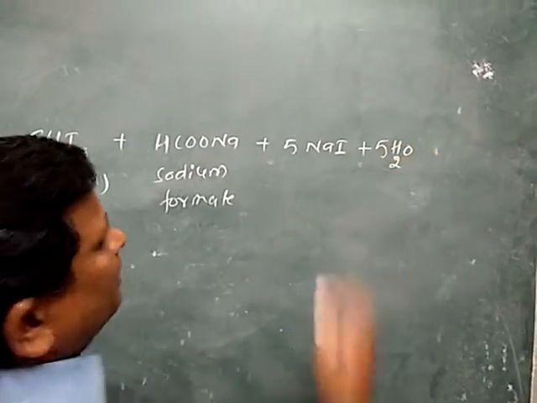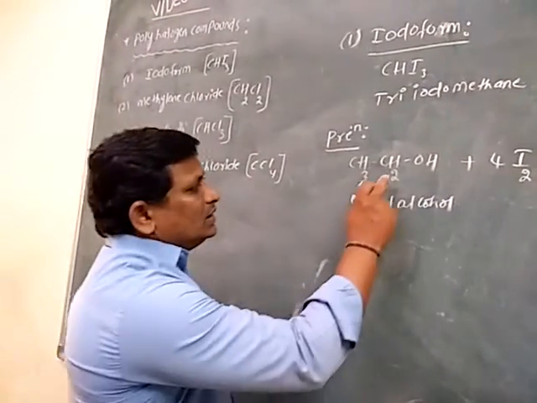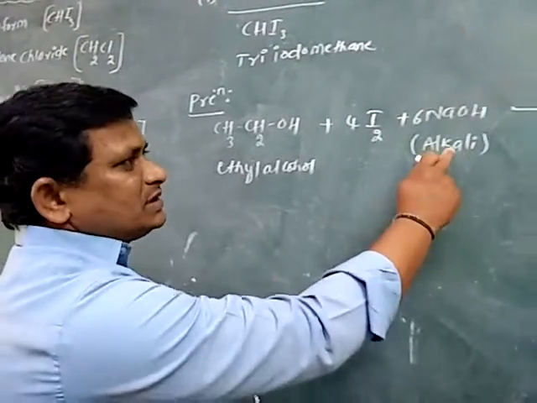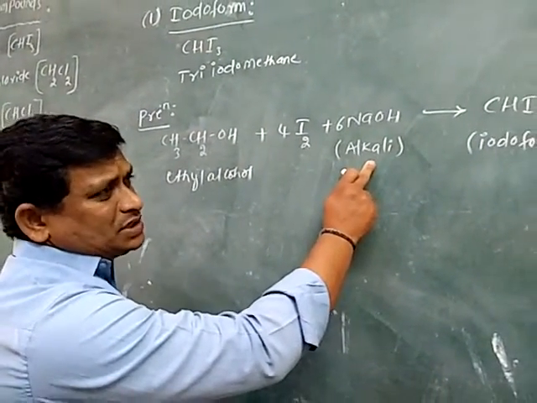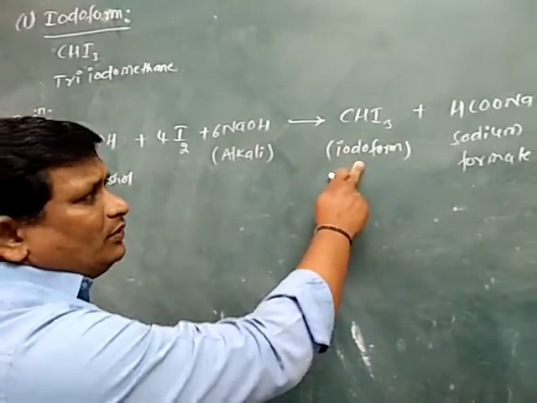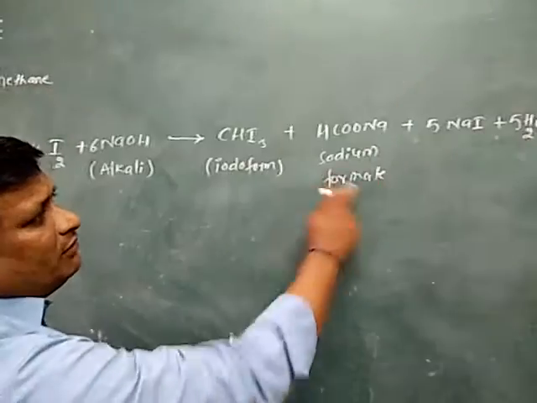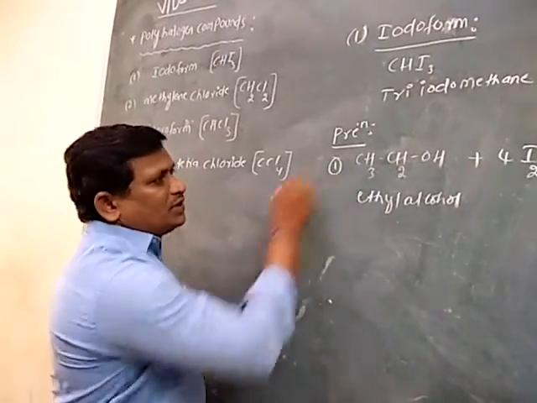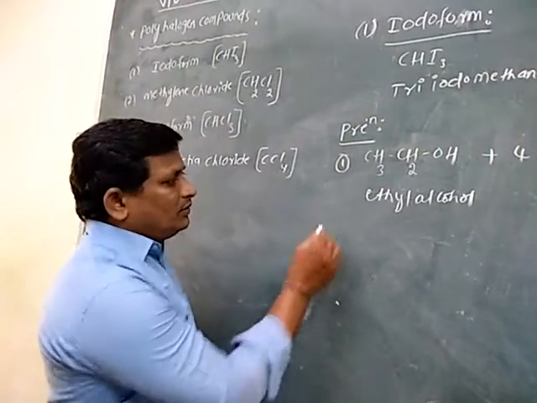So ethyl alcohol treated with iodine in the presence of alkali, that is NaOH, gives iodoform CHI3, sodium formate and sodium iodide in water. This is the first preparation method of iodoform.